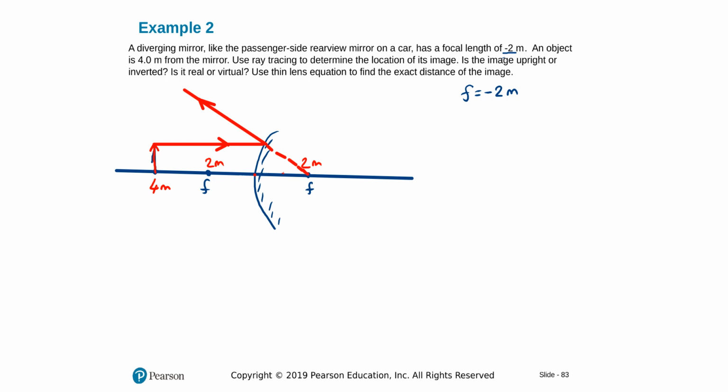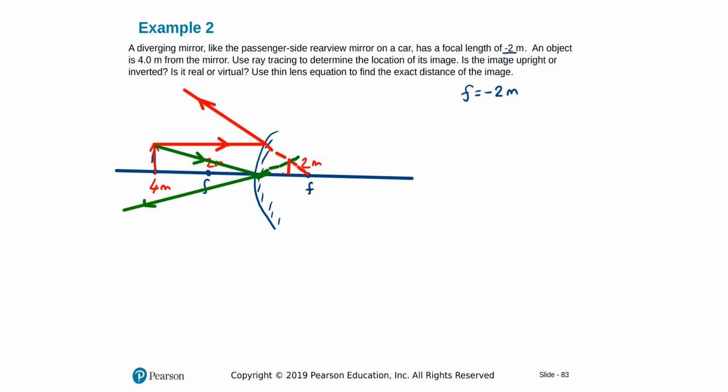I don't have a space for a lot of mistakes, but it will work even if I might not be really precise here. Something like that. I'm looking at the extension of that guy. Somewhere here I'll see my image.